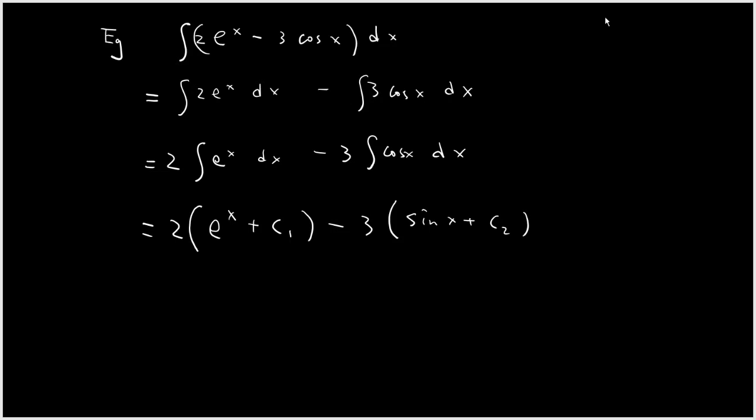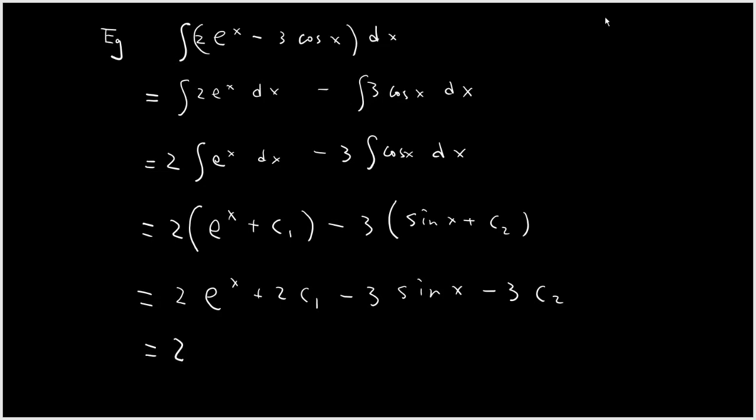I'm using c2 to denote an arbitrary constant. In the final answer, you are going to get something like the following: 2 times e to the power of x, plus 2c1, minus 3 times sine of x, minus 3c2.